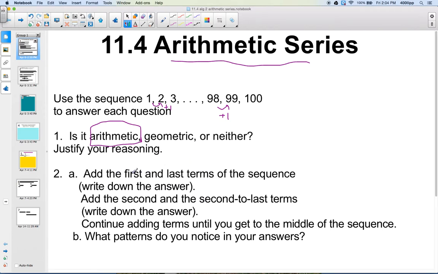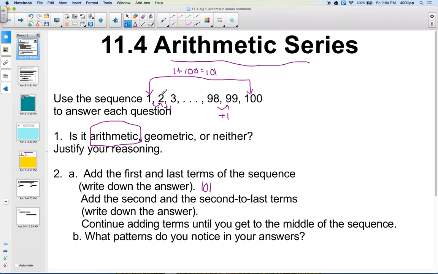It says add the first and the last terms of the sequence. So the first plus the last term, we're going to add those up. Okay, that's 1 plus 100 is 101. Now we're going to add the second and the second to last term.